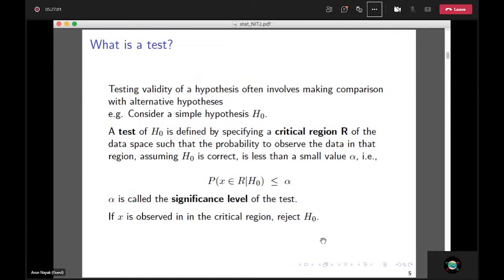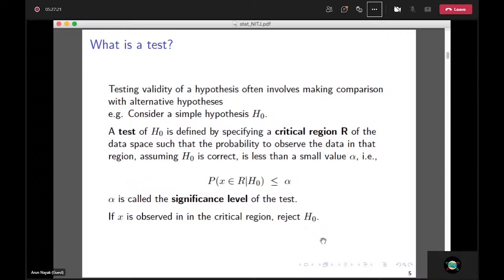Let's go to what is called a test. What we want to do is test the validity of a hypothesis, and such a task often involves making a comparison with an alternative hypothesis. Say we want to test a hypothesis called H0.